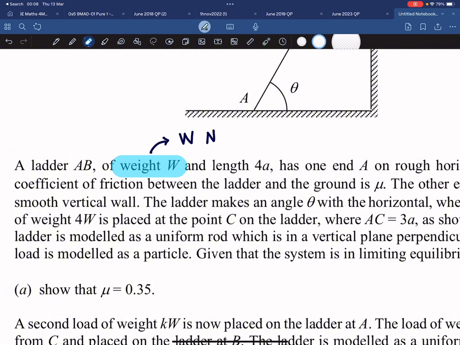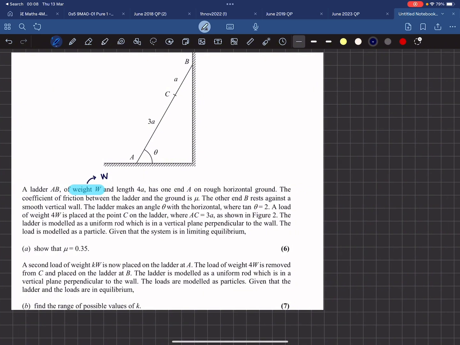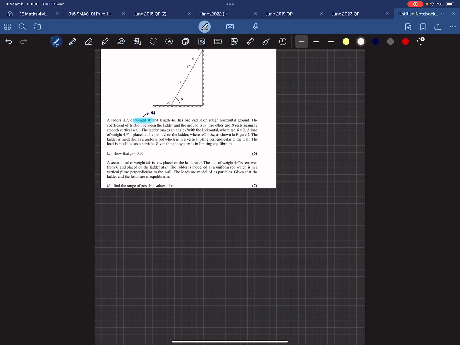N stands for Newton, so that's the unit for weight. If they say mass, then you would have put that as mg. Here it's given as W, weight, so I'm not going to be changing that into g and all of that. Some people get confused and put Wg, but you can't put Wg, it's just W only.